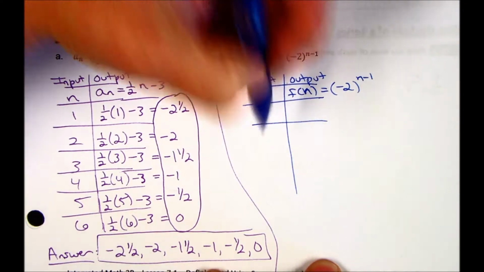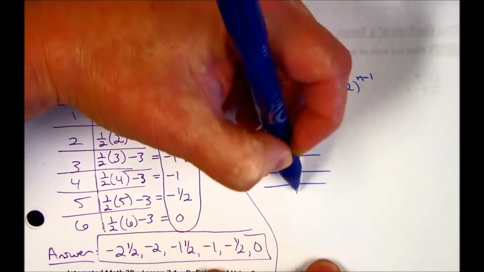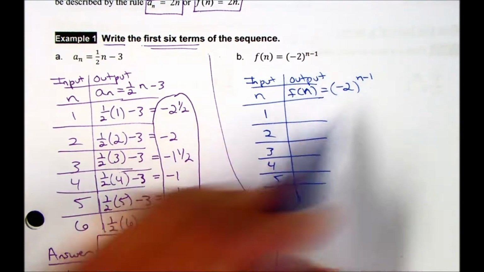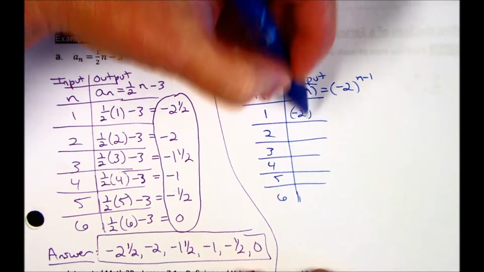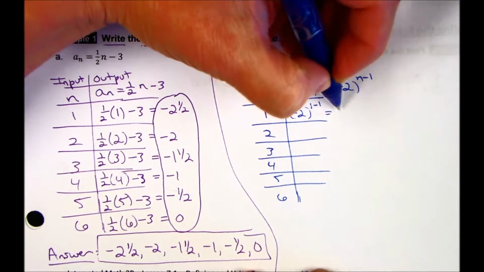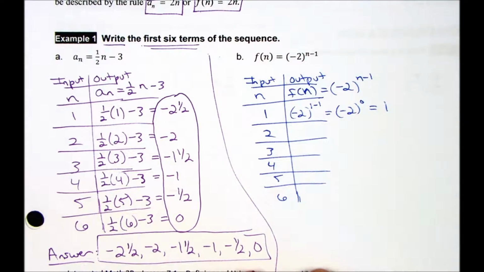So now I'm going to set up 1, 2, 3, 4, 5, and 6. And then I'm going to apply the rule, negative 2 to the 1 minus 1 power. Well, 1 minus 1 is going to be 0. Negative 2 to the 0 power equals 1, because anything to the 0 power is 1.